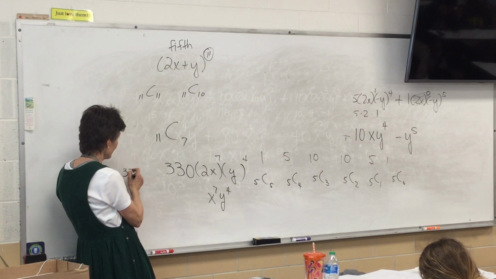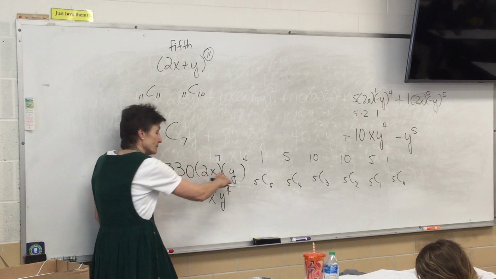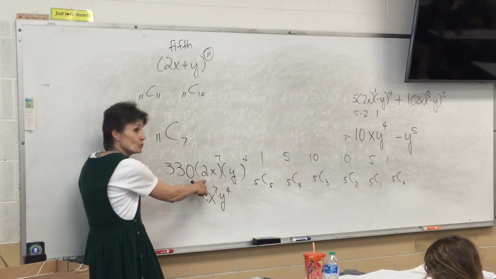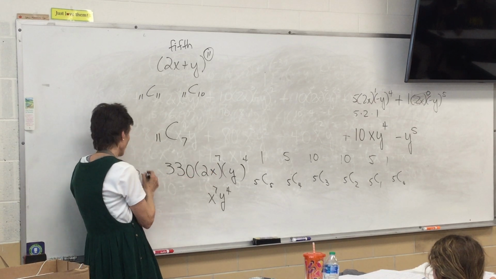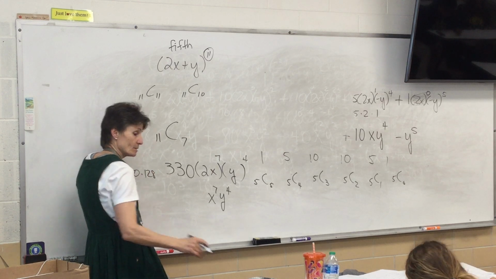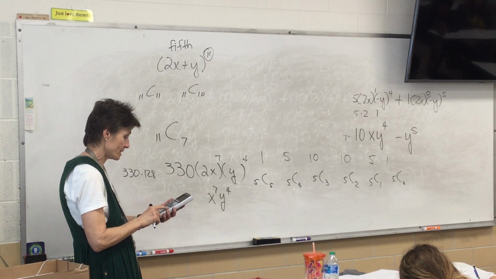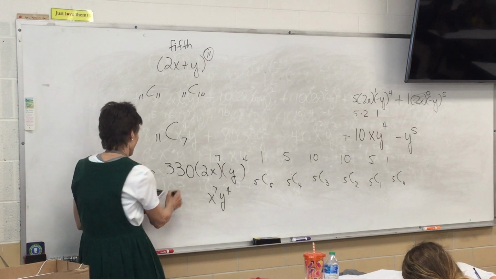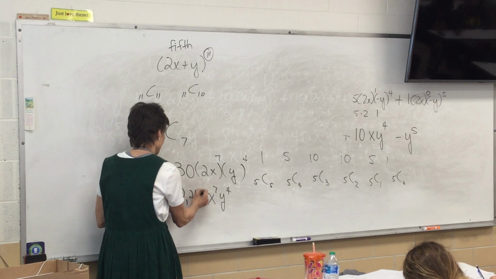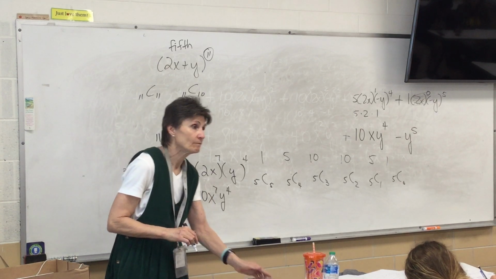I've got a 330 times, this is all multiplied, times 2 to the 7th, 128, thank you. So that's gonna be a big coefficient, 330 times 128, 42,240, x to the 7th, y to the 4th.